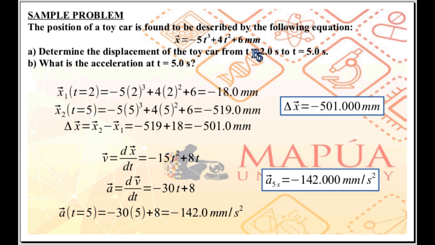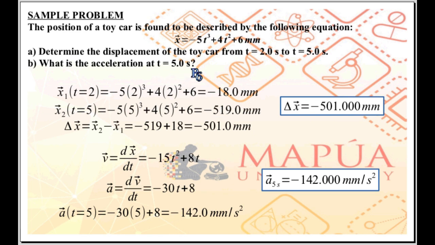We have the equation for x, so differentiating this with respect to time will give you negative 15t squared plus 8t. And then differentiating this with respect to time, we get the equation for acceleration: negative 30t plus 8.